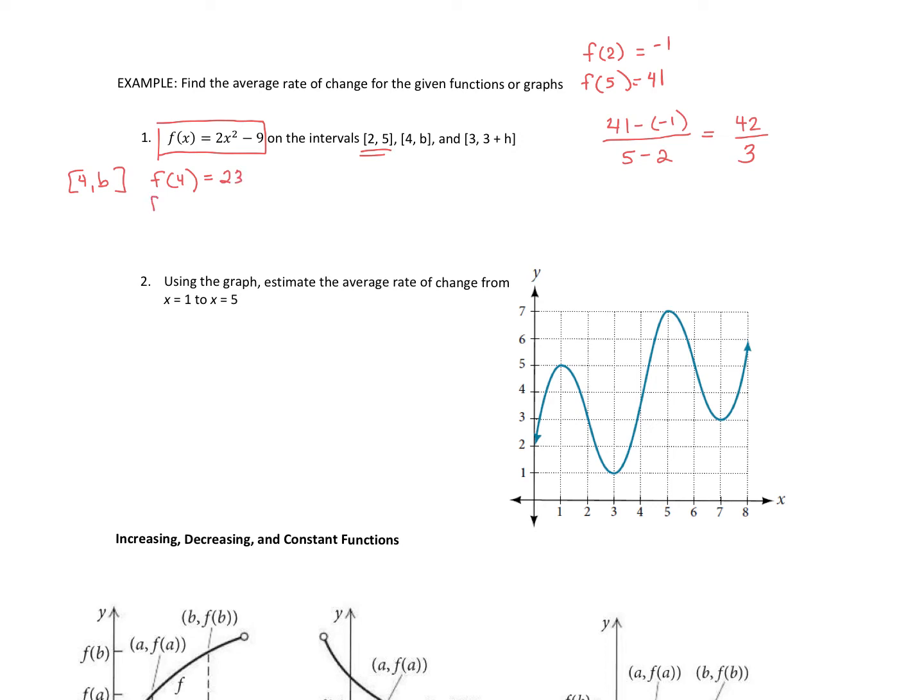And if I plug b in, I'm just going to get 2b squared minus 9. So our average rate of change here will be the change in the y values, or the outputs, 2b squared minus 9 minus 23, over b minus 4.